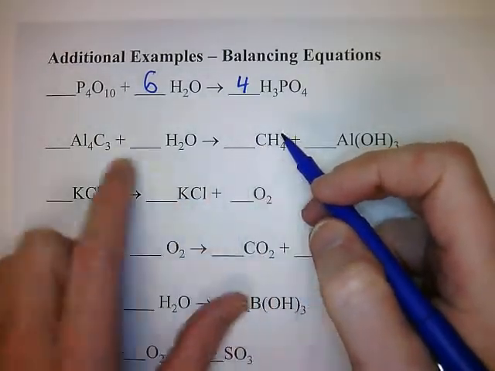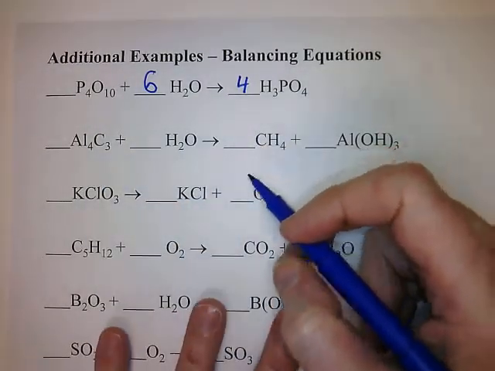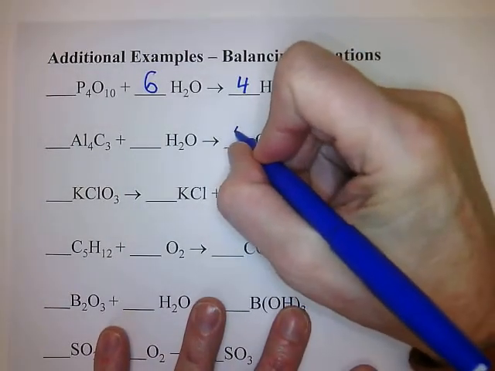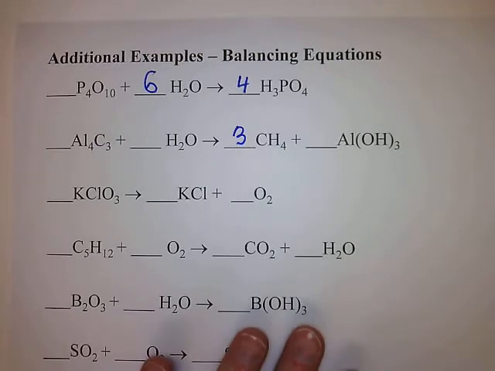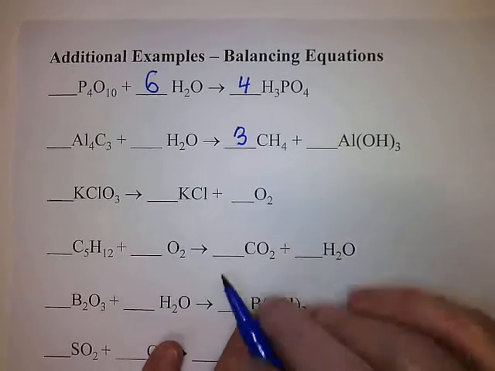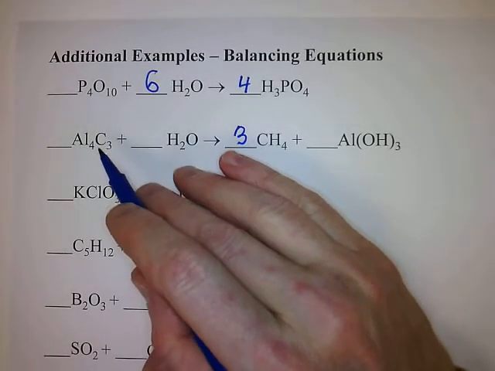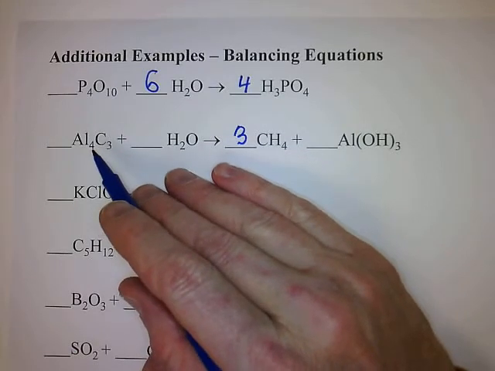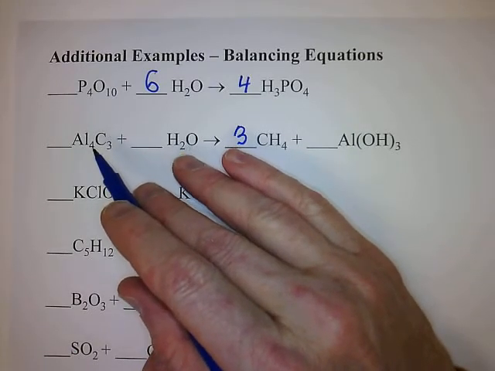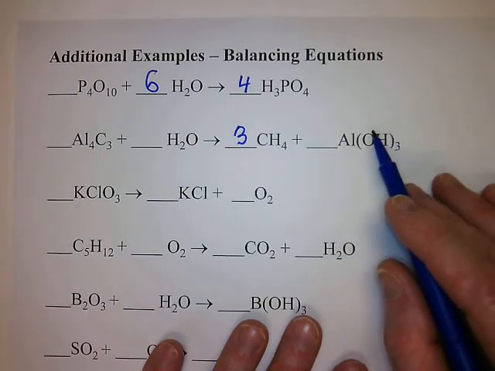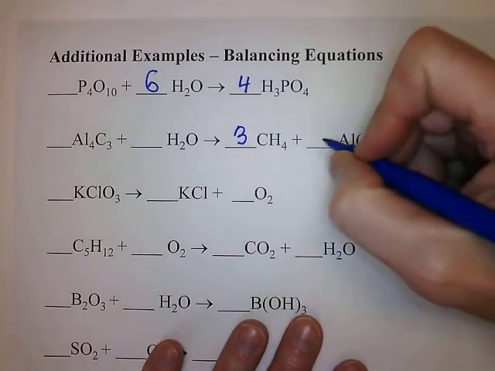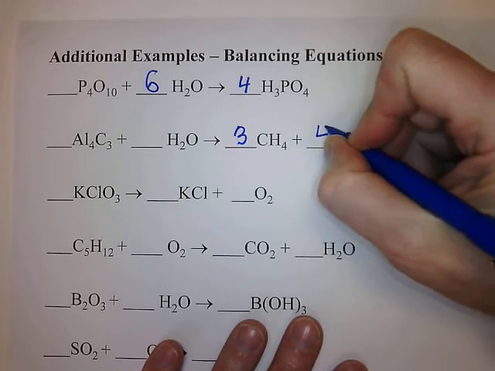So to keep the carbon balanced, we're going to have to make 3 CH4s. And we have 4 aluminums in Al4C3, but we only have 1 aluminum in aluminum hydroxide, so we're going to have to make 4 of those.